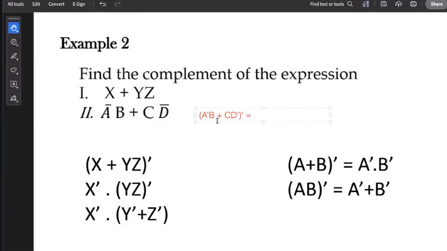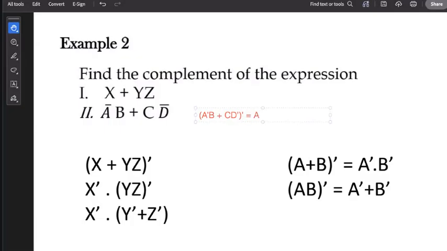If you think of this one as X and this one as Y, what form does this follow? Addition or multiplication? It looks like an addition, right? X plus Y whole thing bar. So what is our complement going to be? Multiplication. X bar into Y bar.